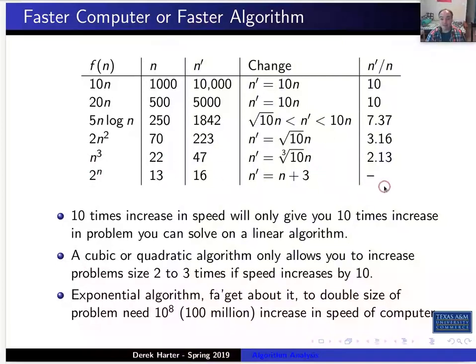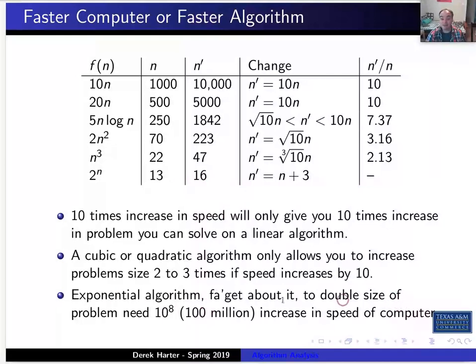And exponential algorithms, forget about it. Increasing the speed of my computer by 10 only increases my problem size by 3 items. I can only do a problem of size 3 more in the same amount of time.